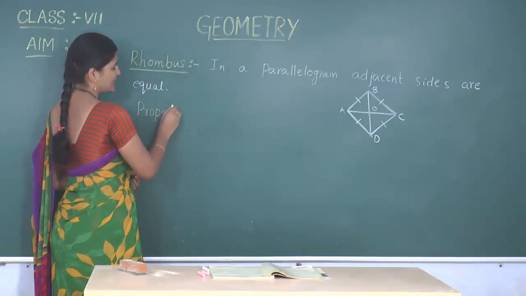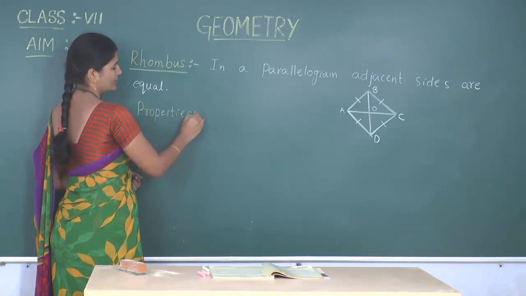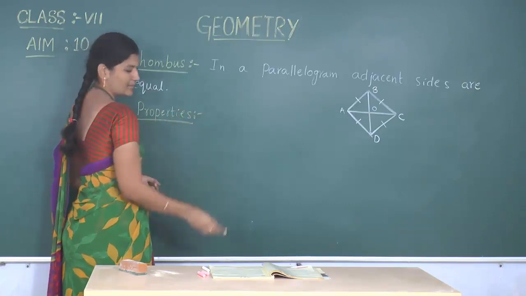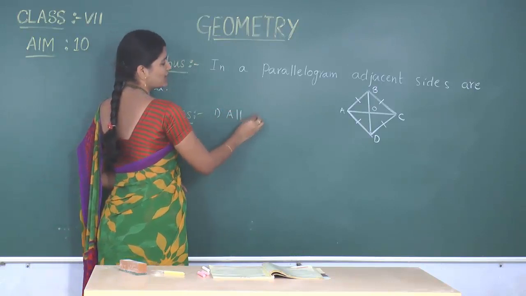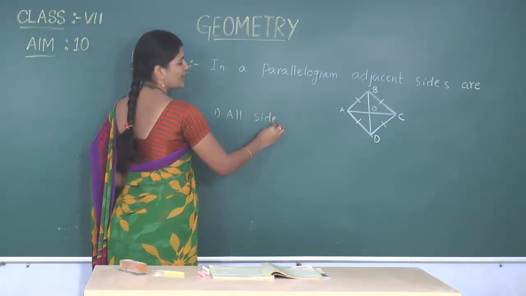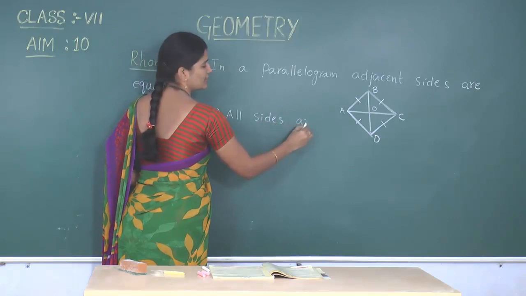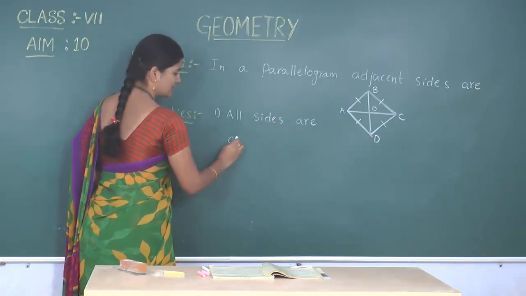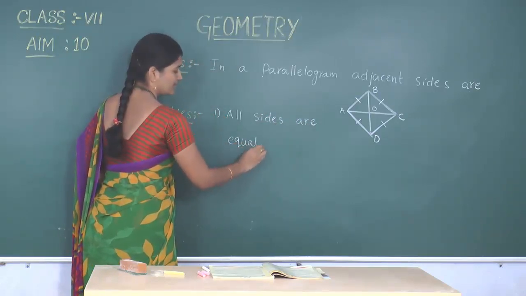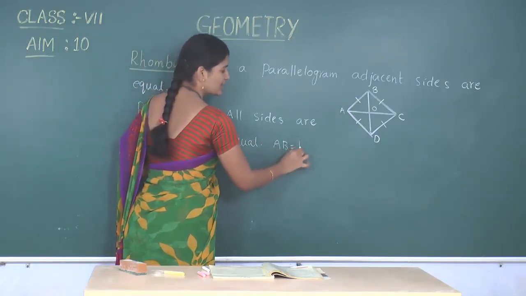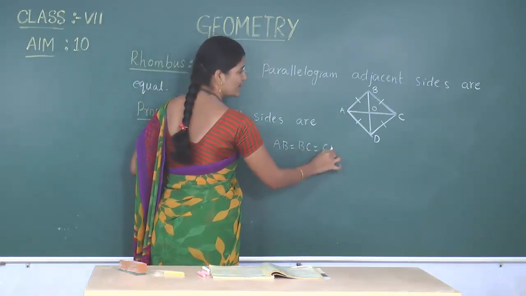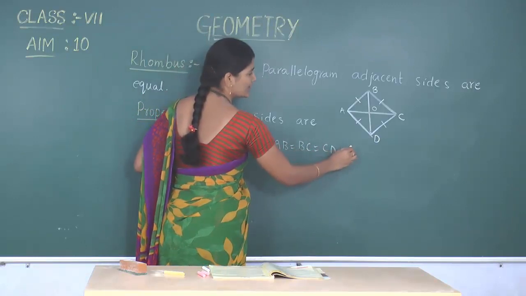Properties of rhombus. The first one is all sides are equal. That means AB is equal to BC is equal to CD is equal to AD.